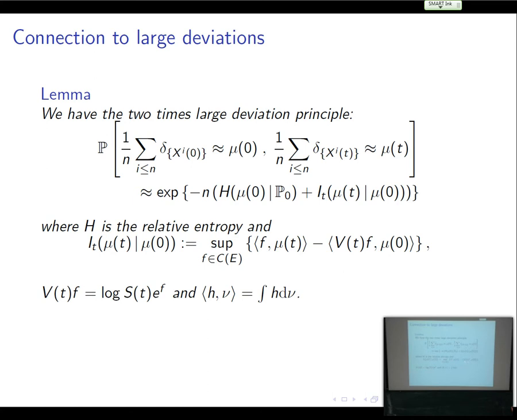of V_t of f paired with mu 0. Well, what is this V_t of f? It's the logarithm of the semigroup S_t evaluated at e^f. This might be a strange expression at first, but normally in Sanov's theorem, the rate function is the Legendre transform of the logarithm of the Laplace transform.